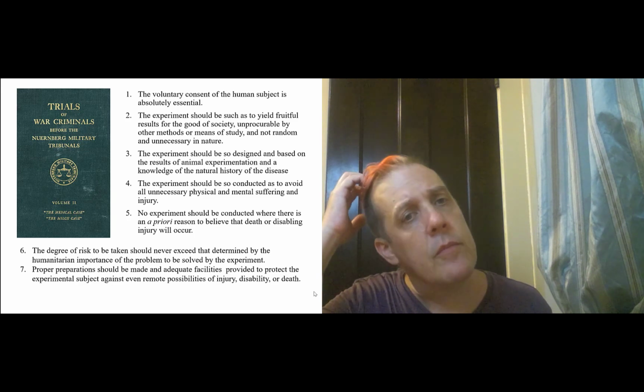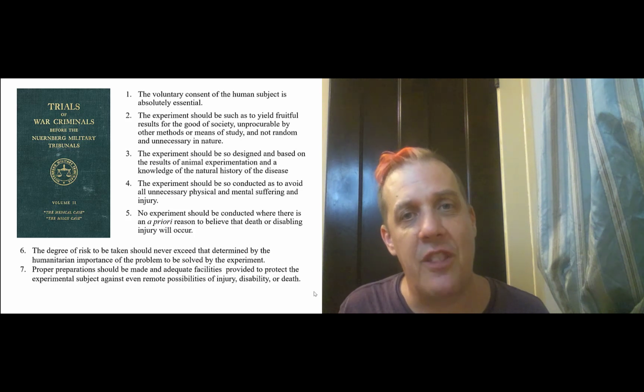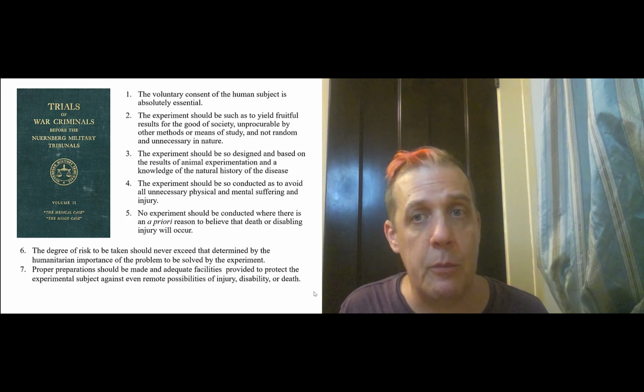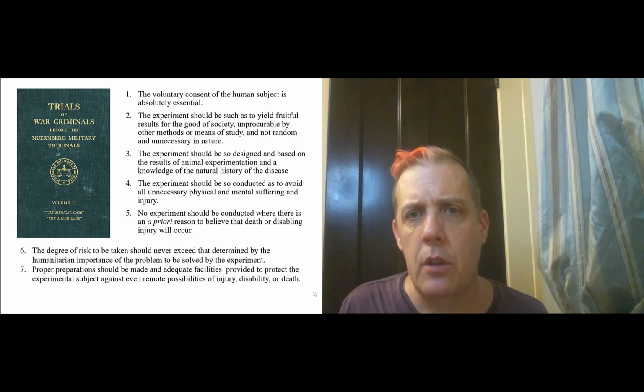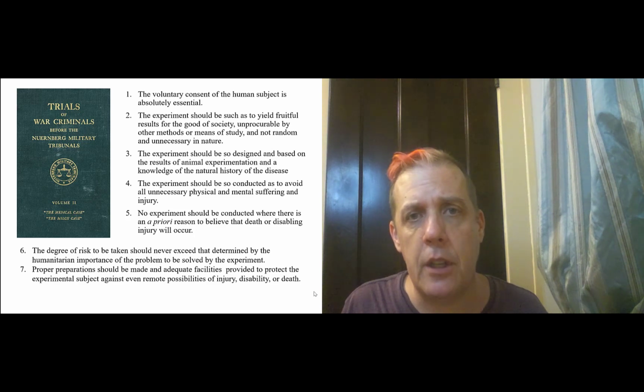So this is the original Nuremberg Code, and item 1 is the most important thing. Voluntary consent of human subjects is absolutely essential, right? Also, the experiment should be done in a way that actually does some good. You can't just experiment to see what happens. And this was one of the things that both the Nazis and the Japanese were doing.